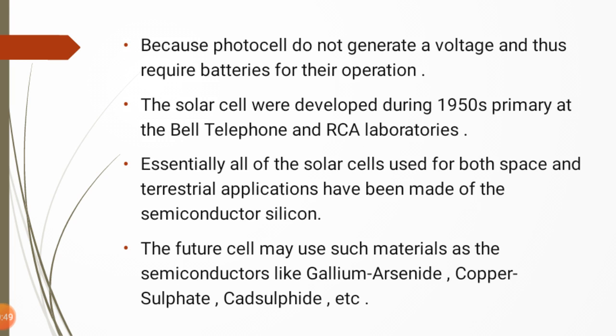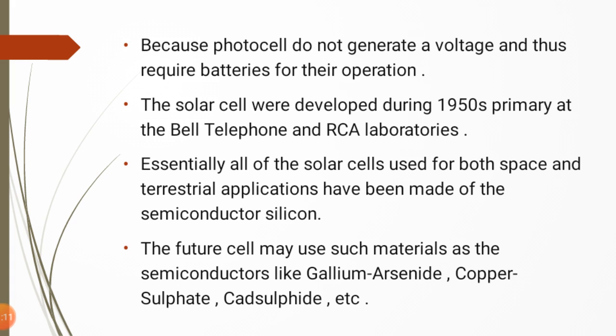Essentially, all of the solar cells used for both space and terrestrial applications have been made of the semiconductor silicon. Generally, there are different types of solar cells, but the silicon solar cell has different advantages over other solar cells, so generally the silicon solar cell is used for different purposes.